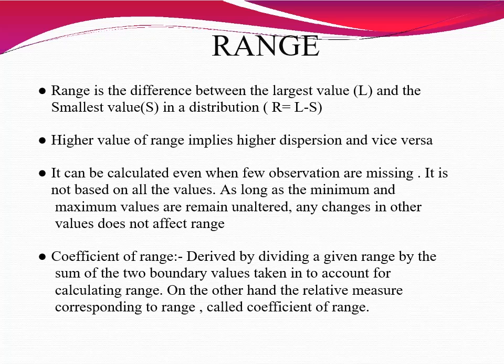Now let me explain what the coefficient of range is, which is a relative measure of dispersion. It is defined as the ratio of range to the aggregate of minimum and maximum values. It is a relative measure of dispersion and it is based on the value of range. While calculating, we simply calculate it as L minus S divided by L plus S. That is what we are referring to as a ratio of minimum and maximum values.